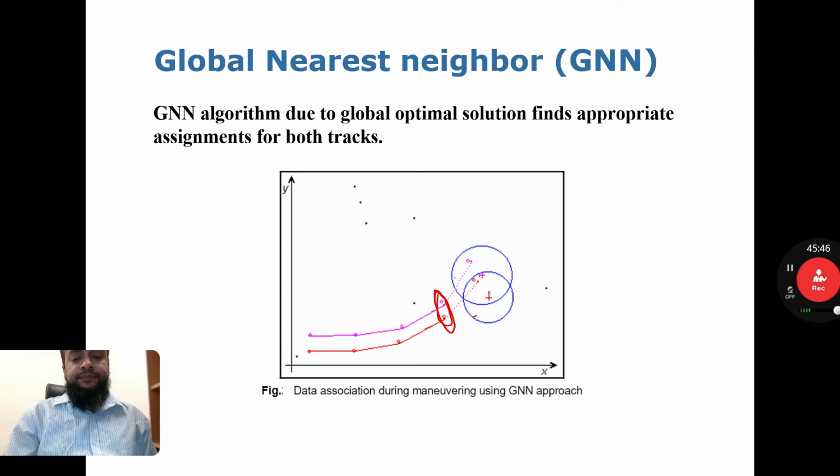But the same measurement prediction lies in this validation gate and this validation gate. So track one can say that this is my measurement, and they can fight and make an argument like this is my measurement, this is my measurement. Due to this there can be miscorrelation, and both tracks can be lost, or one of the tracks can be deleted and the other track can follow the measurement prediction.